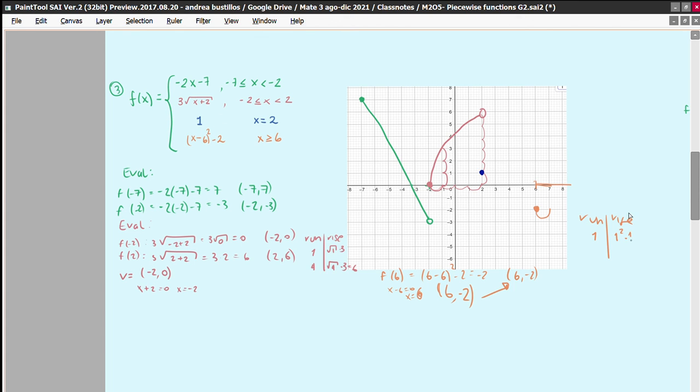So 1 times 1 is 1. And if I run 2 times, I'm going to rise the square of that step times my leading coefficient. This is 4. So if I run 2 times, 1, 1, 2, I'm going to rise 1, 2, 3, 4. So my function continues to infinity. And that's how we graph piecewise functions.